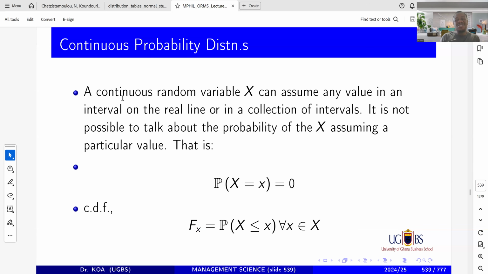The key thing is that it's not possible to talk about the probability of a continuous random variable assuming a particular value. No, you can't. So that probability is always equal to 0.